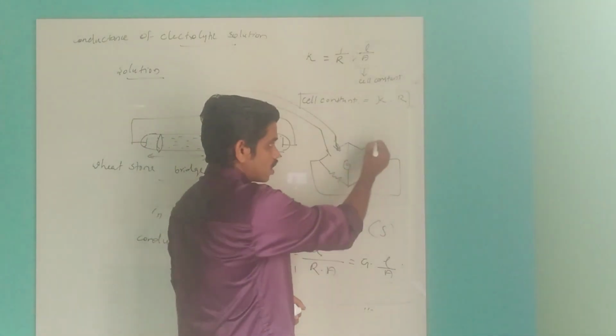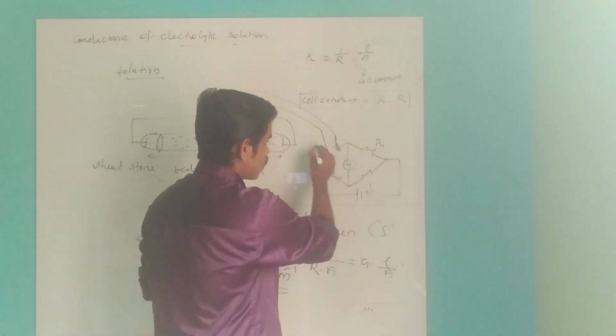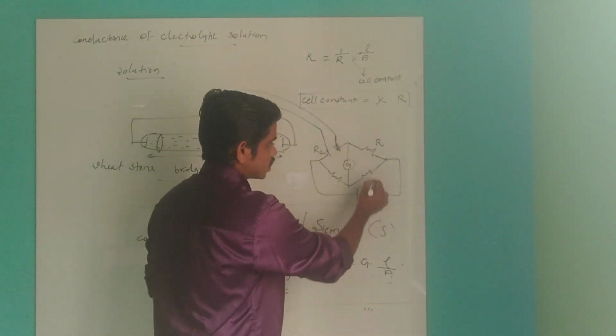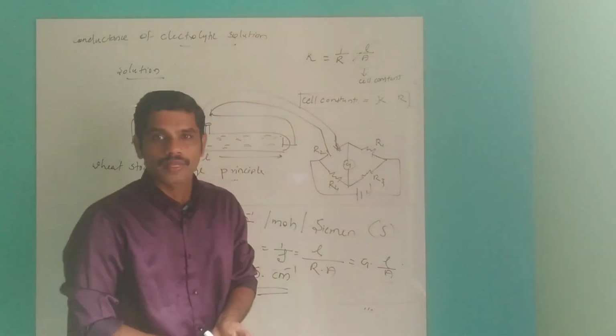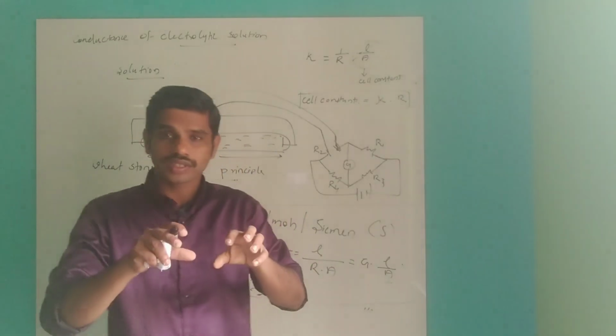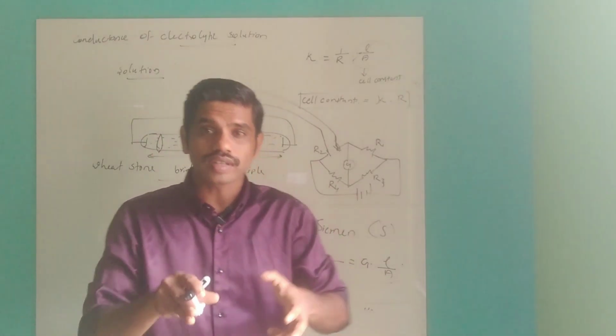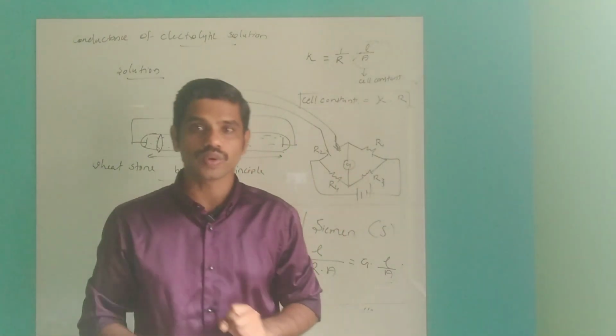Suppose R1, R3 and R4 are resistances you know, from a resistance box, and you have to find R2. You adjust the resistance and make the galvanometer current 0.